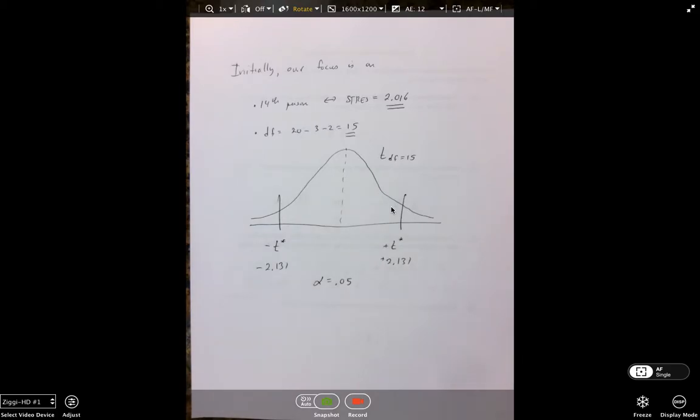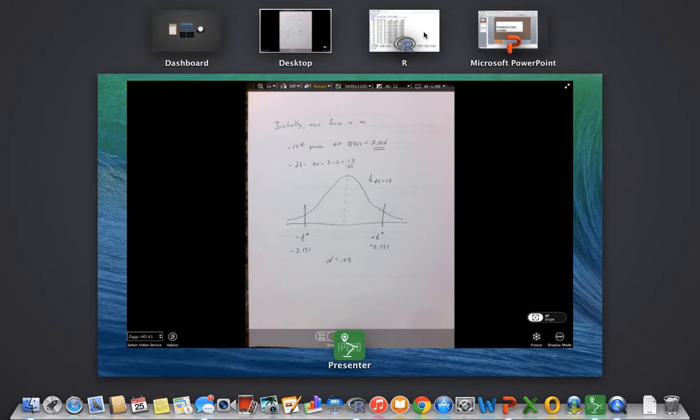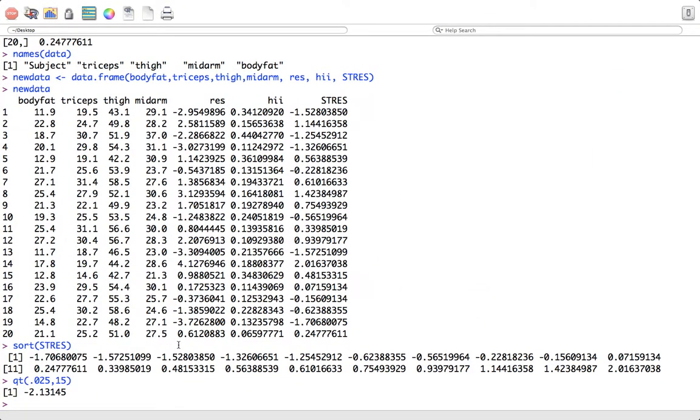So I want the area, we have a positive 2.016.